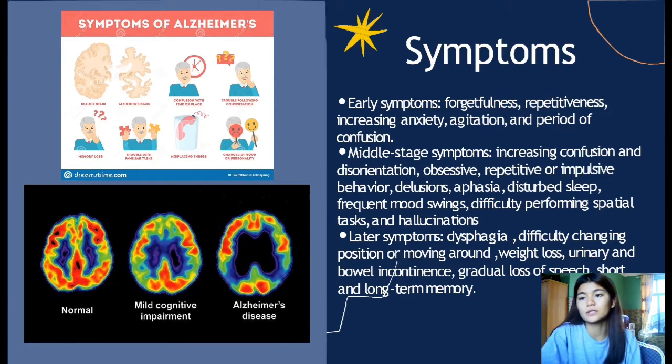Some of the symptoms include the early symptoms: forgetfulness, repetitiveness, increasing anxiety, agitation, and periods of confusion. The middle stage symptoms include increasing confusion and disorientation, obsessive, repetitive or impulsive behavior, delusions, aphasia, disturbed sleep, frequent mood swings, difficulty performing spatial tasks, and hallucination.